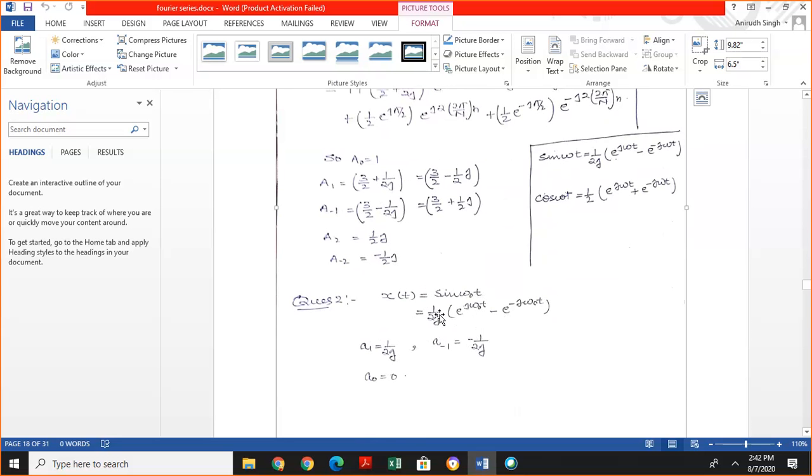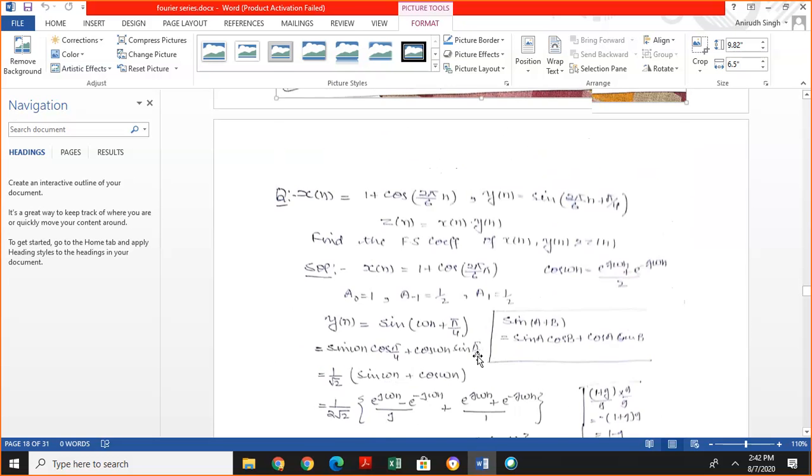The value of a1 is 1 by 2j, and the value of a minus 1 is minus 1 by 2j. So in all questions, what you have to do is convert sine omega or cos omega into exponential terms, then collect all these terms in terms of exponential j omega t, exponential minus j omega t, exponential 2j omega t, exponential minus 2j omega t, and then calculate the values of a naught, a1 and a minus 1.